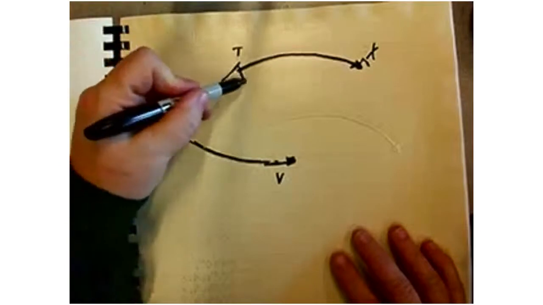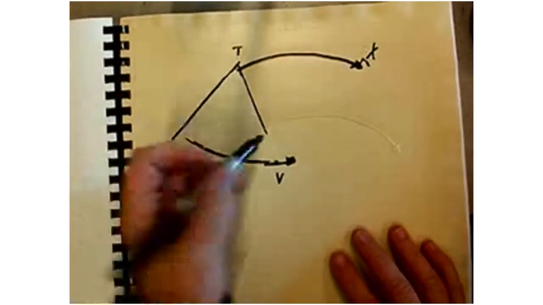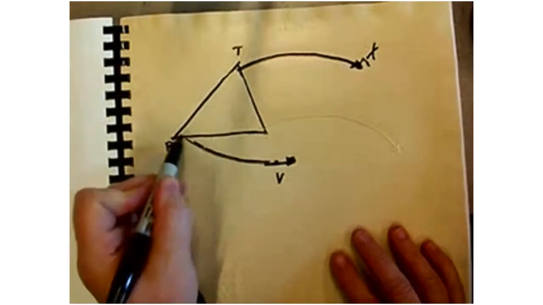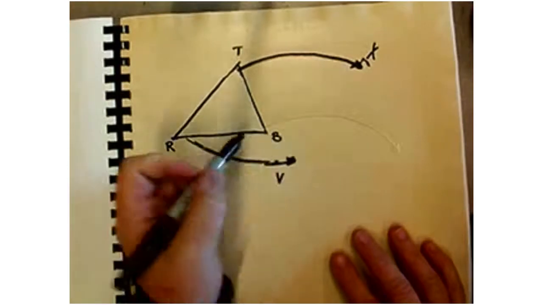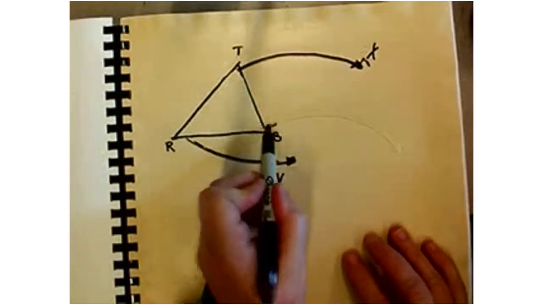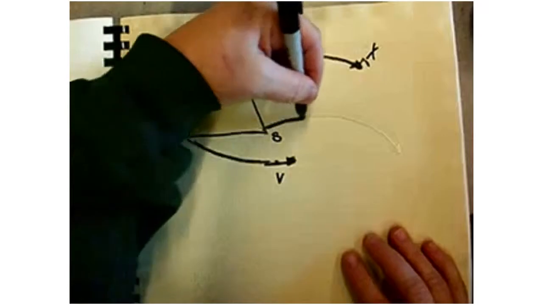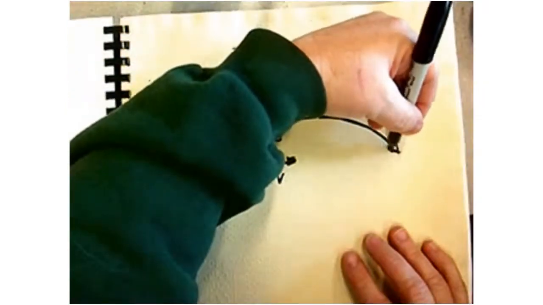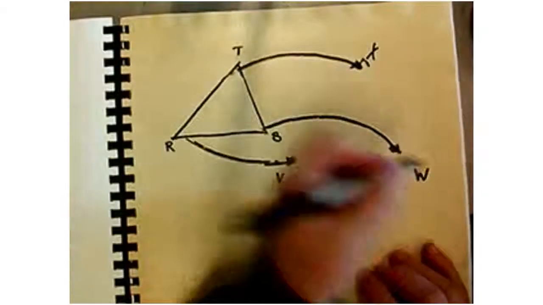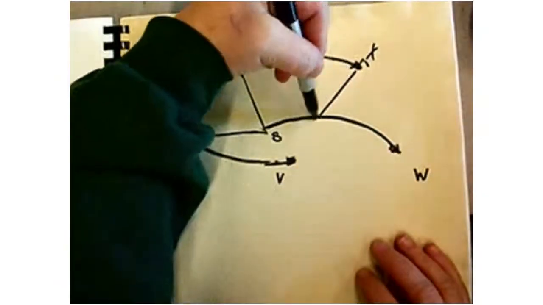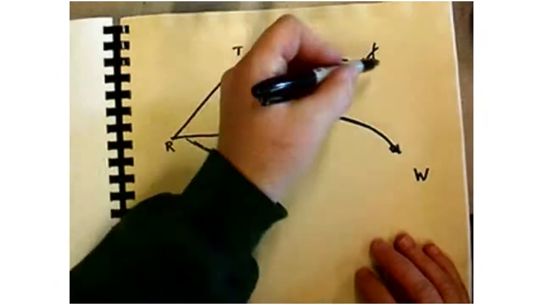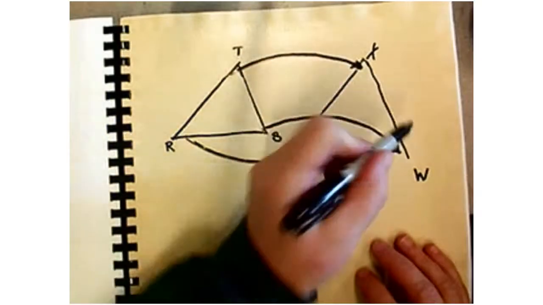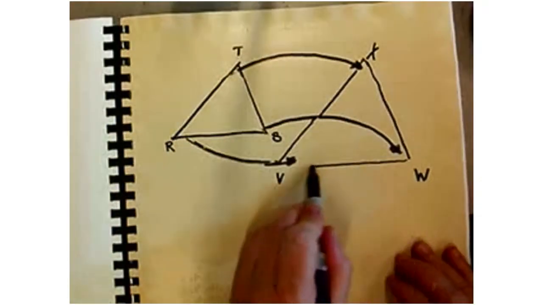And then you go back to the small triangle and find vertex S at the bottom right. It has an arcing arrow line pointing to the vertex W on the big triangle. So you're being given that these two triangles are similar with that tilde between them.